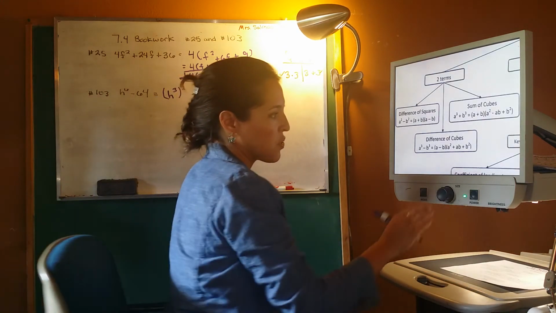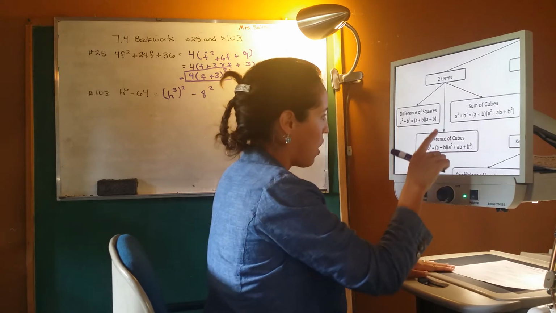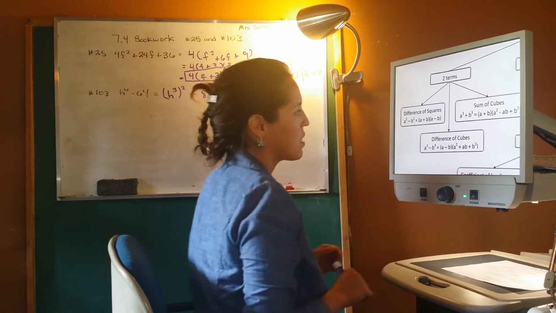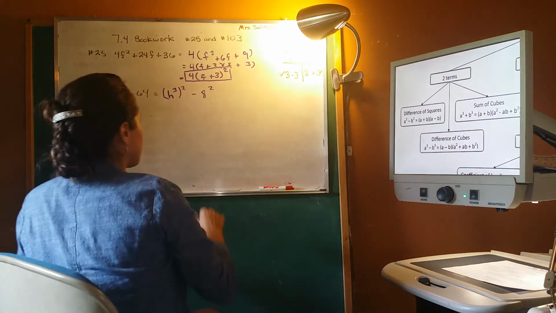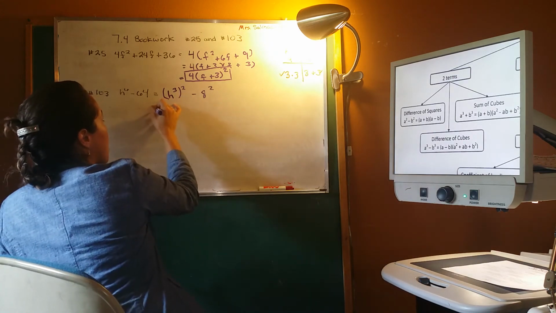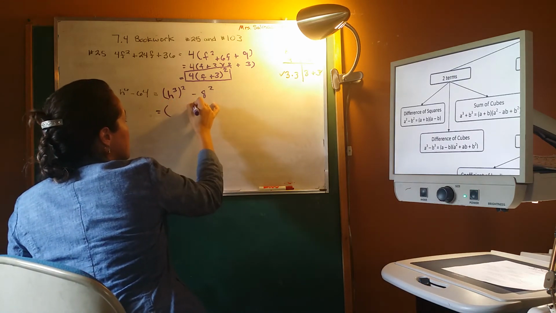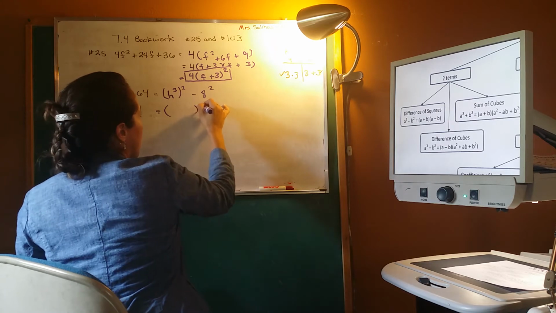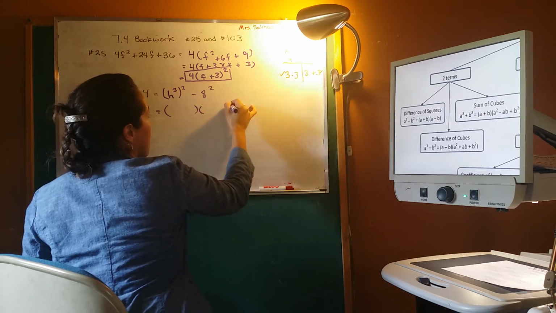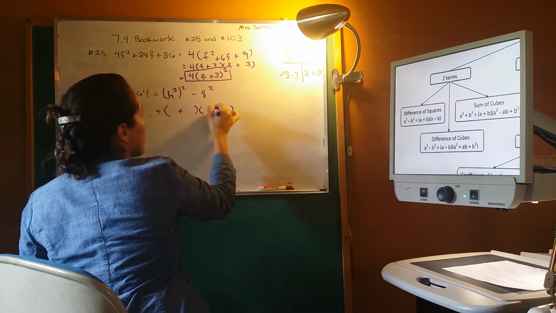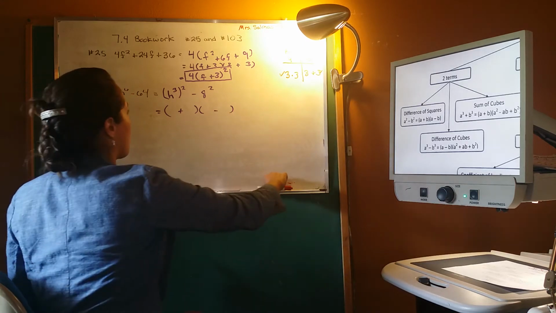Now that I have a difference of squares here, I'm going to be using my difference of squares formula, where it says if you have a squared minus b squared, go ahead and open up two parentheses and write your a plus b and then a minus b. Right? But what is a and what is b?